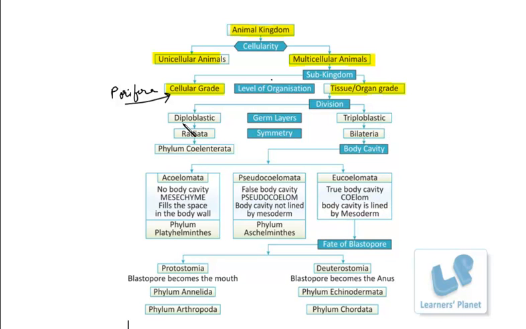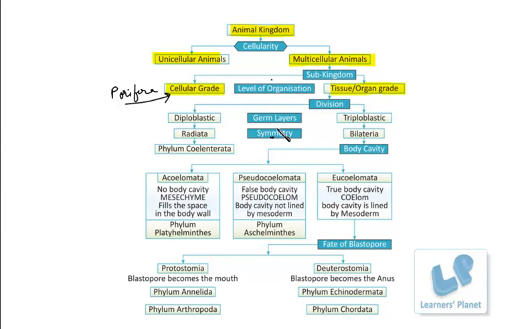In short, the organisms that develop from two different layers are known as Diploblastica, which is a division of this subkingdom. The next branch is the Triploblastica. Triploblastic means development from three layers. Similarly, division is also on the basis of body symmetry.